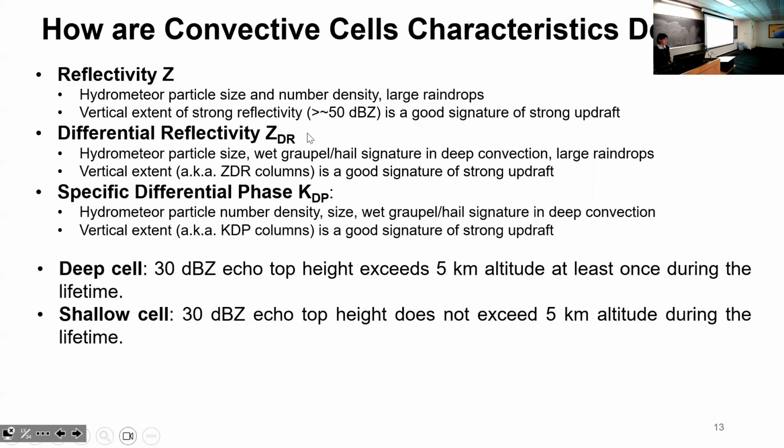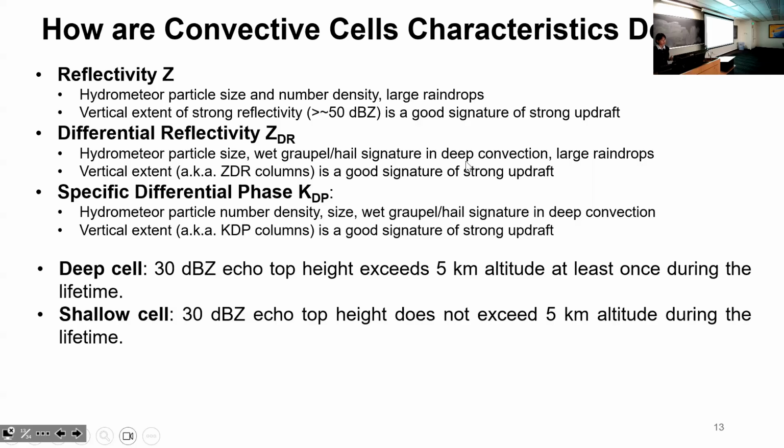The second parameter is differential reflectivity. We call it ZDR. ZDR is also sensitive to particle size, not number density, just the size. If we observe this variable in the ice region, it can represent wet graupel and hail signatures in deep convection.